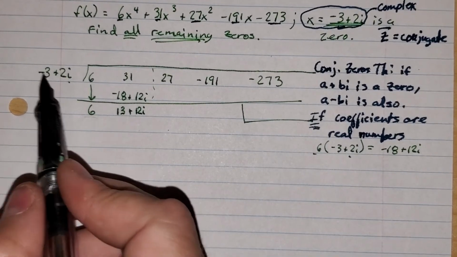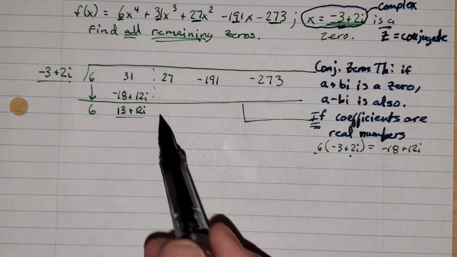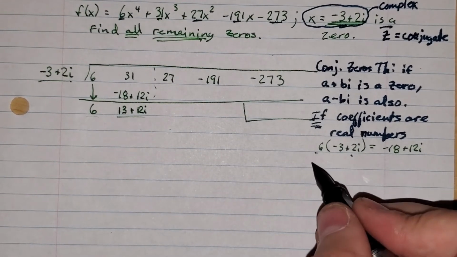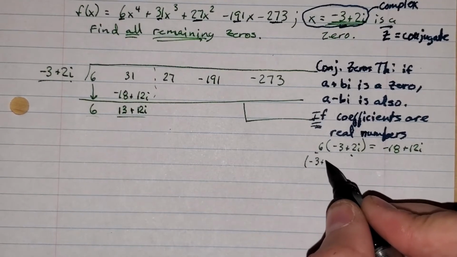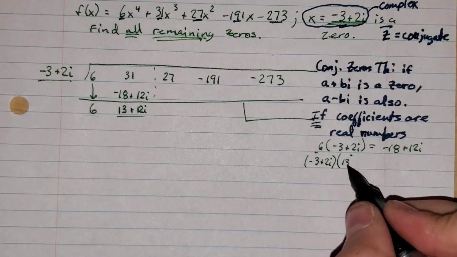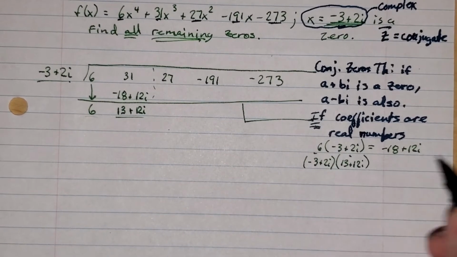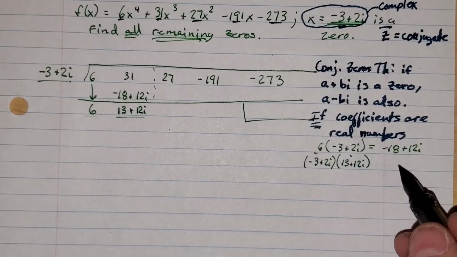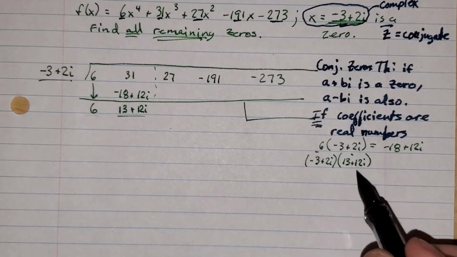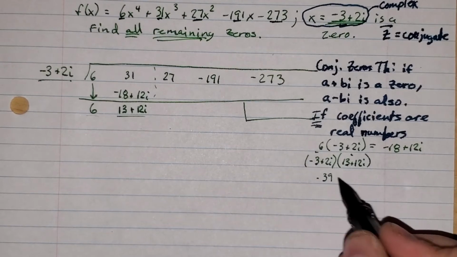Now I've got to multiply this times this, and that's why I'm showing my work, because you're going to need to see that. So I'm going to say negative 3 plus 2i times 13 plus 12i. I'm going to use the FOIL method for this. Negative 3 times 13 is going to be negative 39.